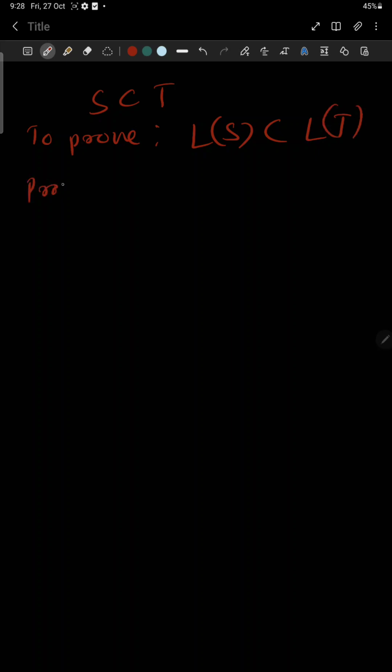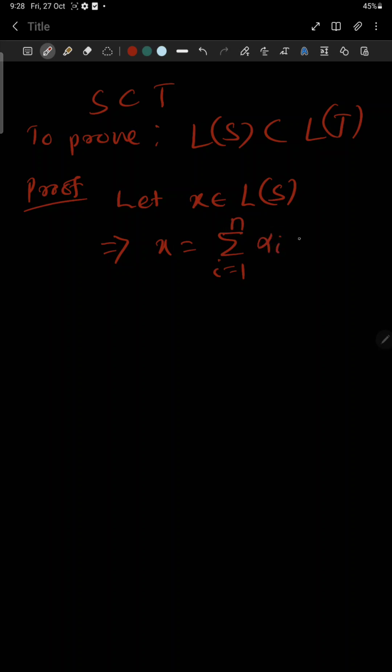In the question it is given that S is a subset of T. To prove: L of S is a subset of L of T. Proof: let X be an arbitrary element of L of S. This implies that X can be written as a finite linear combination, summation I from 1 to n of alpha I Si.